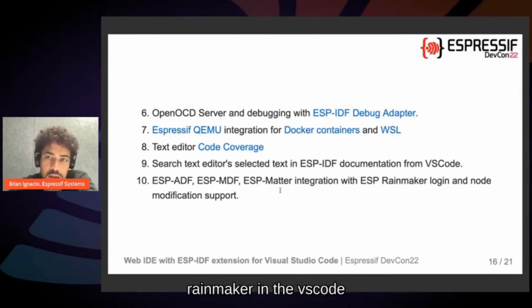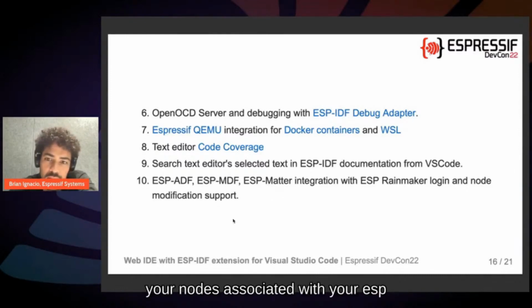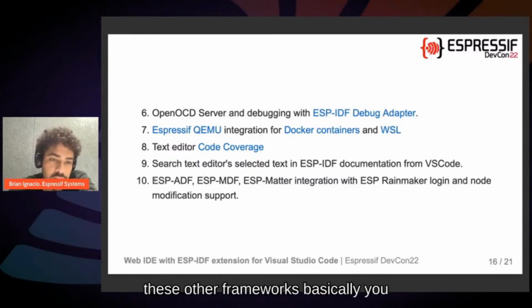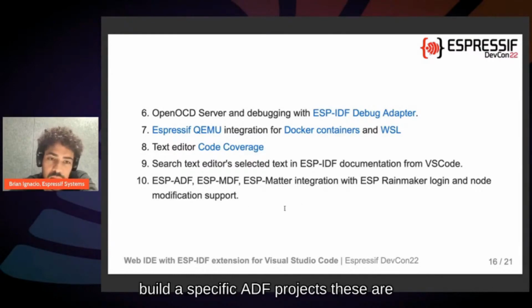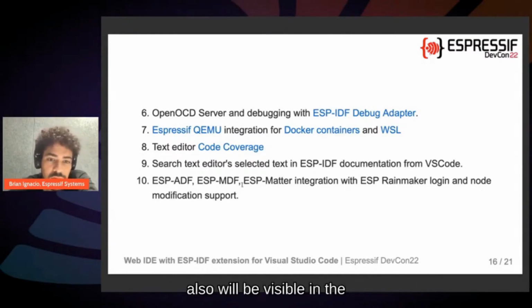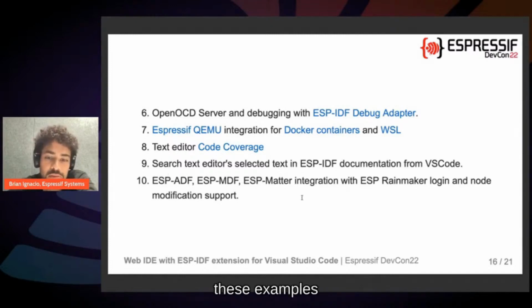If you log into Rainmaker in VS Code or our web IDE, you can see the nodes associated with your ESP Rainmaker account, and then you can modify the values of each node, etc. For these other frameworks, you are able to download them to your desired location, and this will set some configuration settings in the extension, which will be used when you're trying to build specific ADF projects. These will also be visible in the show examples and new project wizard windows, so you can create projects from these examples.